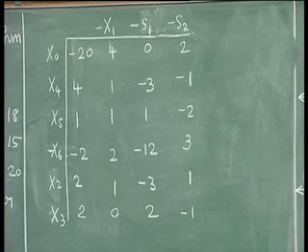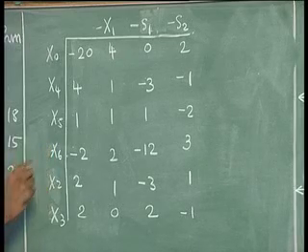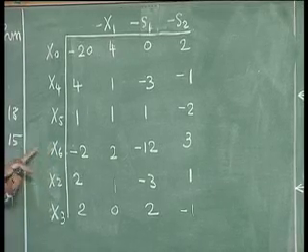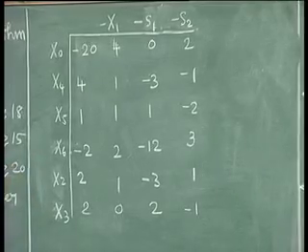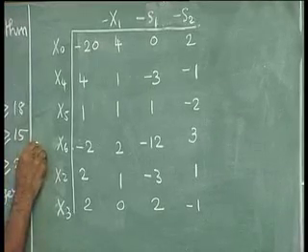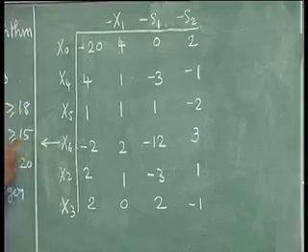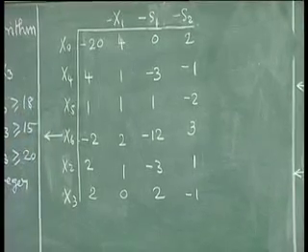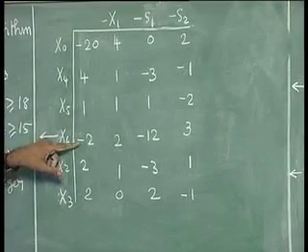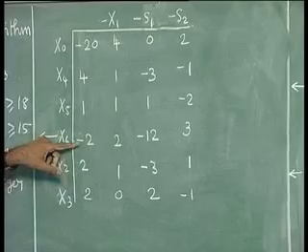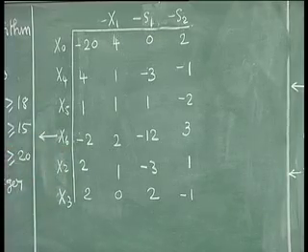We have still not reached the optimum because we have a negative element here. There is only one negative, therefore this is the row from which we will generate the all integer dual cut.